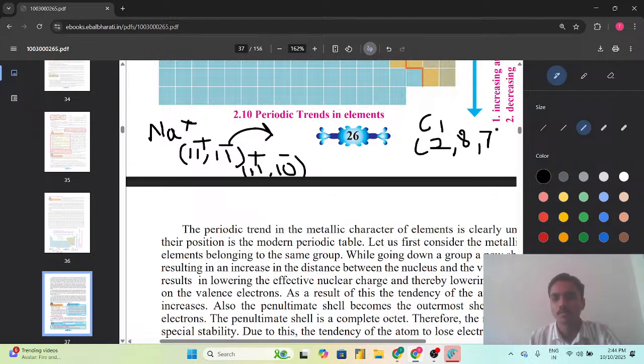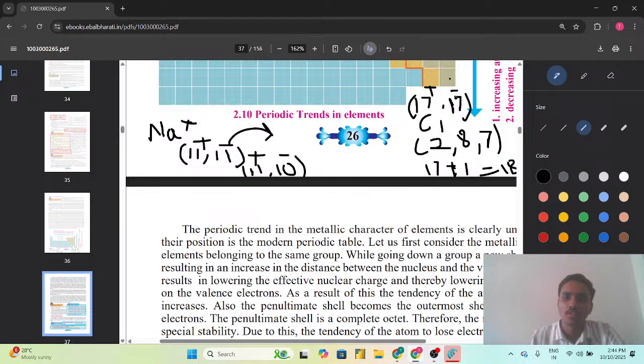2 8 7 बराबर. So 7 electrons. तो Cl, 17 क्लोरीन Cl है, 17 इलेक्ट्रॉन 17 प्रोटॉन. 17 इलेक्ट्रॉन से एक इलेक्ट्रॉन एक्सेप्ट कर लिया यानी 17 प्लस 1 हो गए, यानी कि यहाँ पर अभी इलेक्ट्रॉन्स हो गए 18.